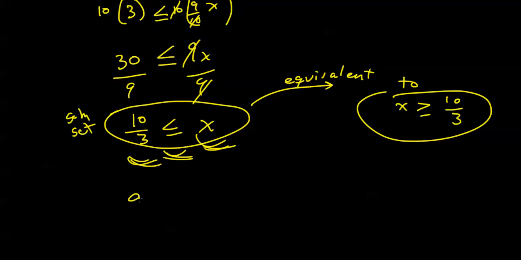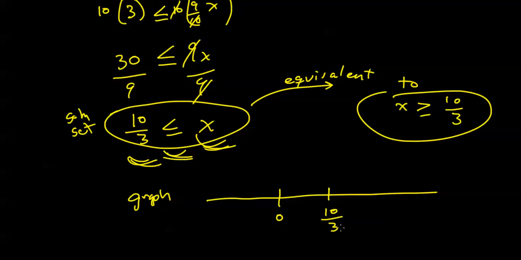They're both equivalent. They're both the same, right? So I'll now graph my solution set. X is greater than or equal to 10/3. Well, 10/3 is positive. Greater than 10/3 means to the right of 10/3. And notice equality is included here, so I'll draw a closed dot at 10/3, shading in everything to the right.